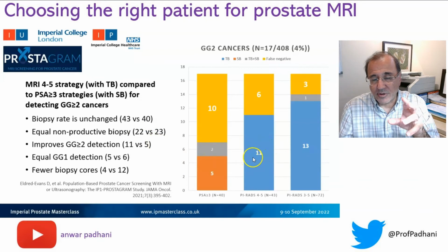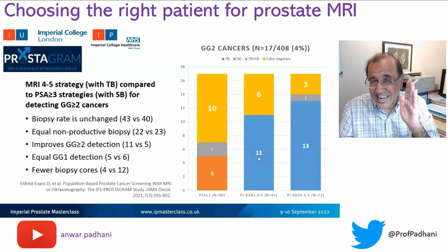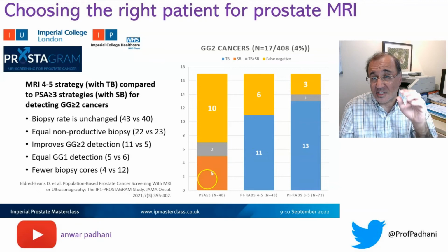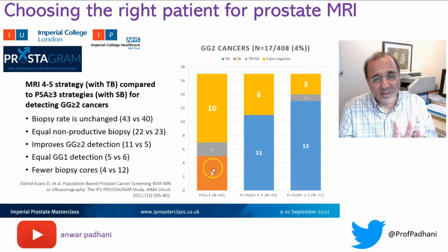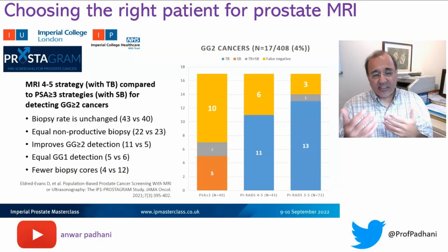but there's an improved detection of clinically significant cancers in the MRI approach. You can see if you do the MRI approach and targeted biopsies, you will get 11 cancers, whereas if you used a PSA approach with a systematic biopsy, you'll only get 5 cancers. And that's interesting. But the detection of insignificant cancers is about the same.